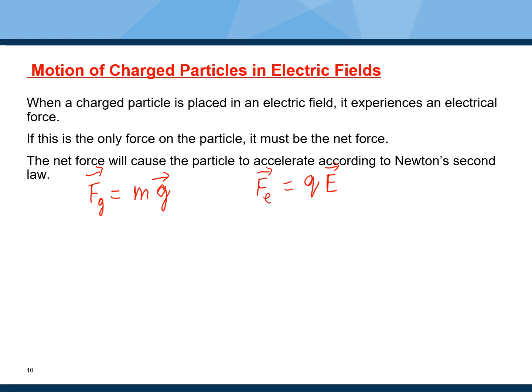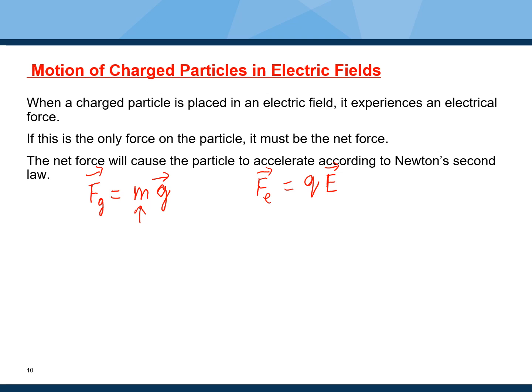We have already mentioned that there's a small bit of nuance when we go from gravitational forces to electric forces. For example, we mentioned that m will always be positive, so the gravitational force will always be parallel to g vector.